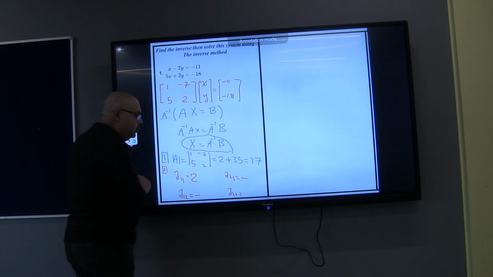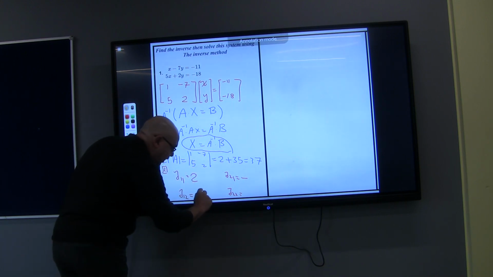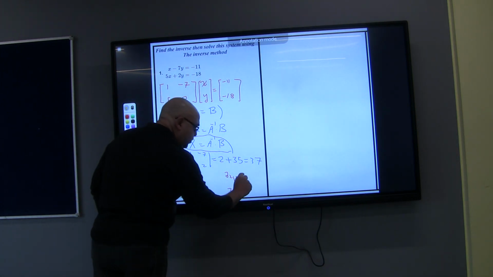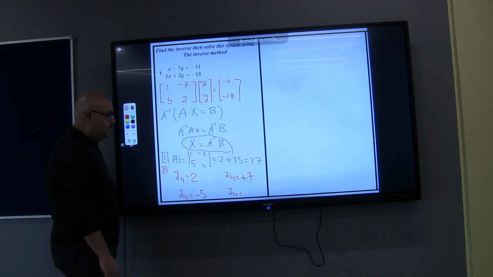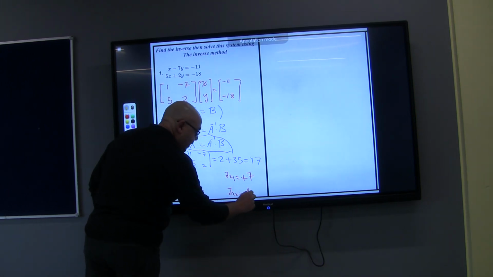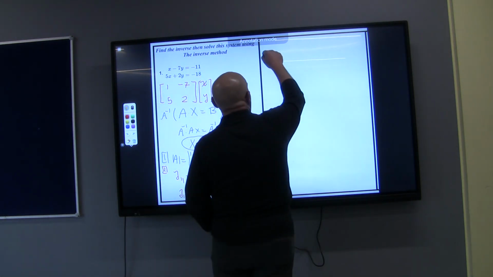So this element is 2. Eliminating the element 1, 2, erasing the first row and the second column, you will have 5. Then eliminating the second row and the first column, you will have negative 7 times negative, which is going to be positive 7. In a similar manner, erasing the second row and the second column, you will end up having 1.